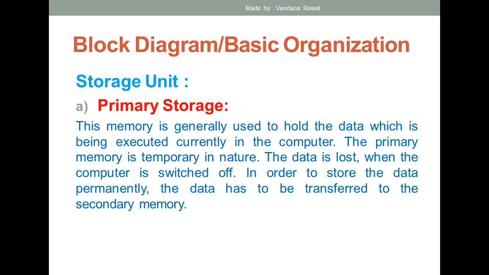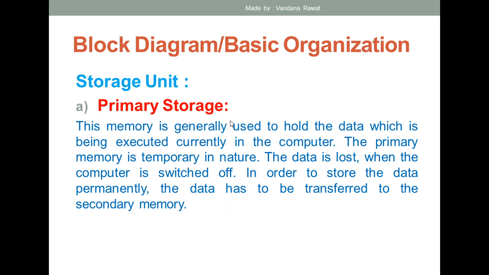That means the primary memory is temporary in nature, and the data is lost when the computer is switched off. So in order to store the data permanently, the data has to be transferred to the secondary memory. Only then does the concept of secondary memory or secondary storage come in.